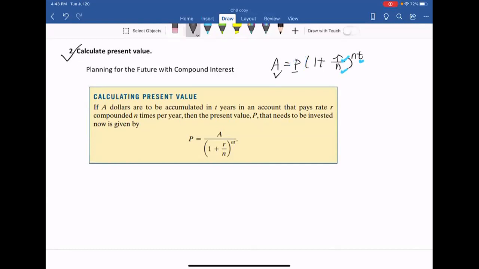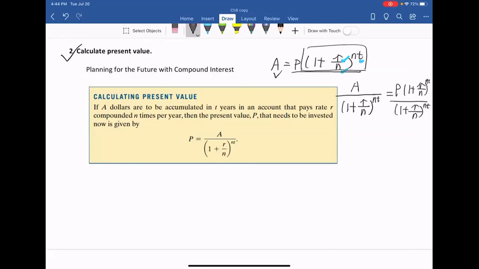So divide by this term on both sides. That means A divided by (1 plus r over n) to the nt's power equals P times (1 plus r over n) to the nt over (1 plus r over n) to the nt. These two terms can be canceled. So P equals this amount.